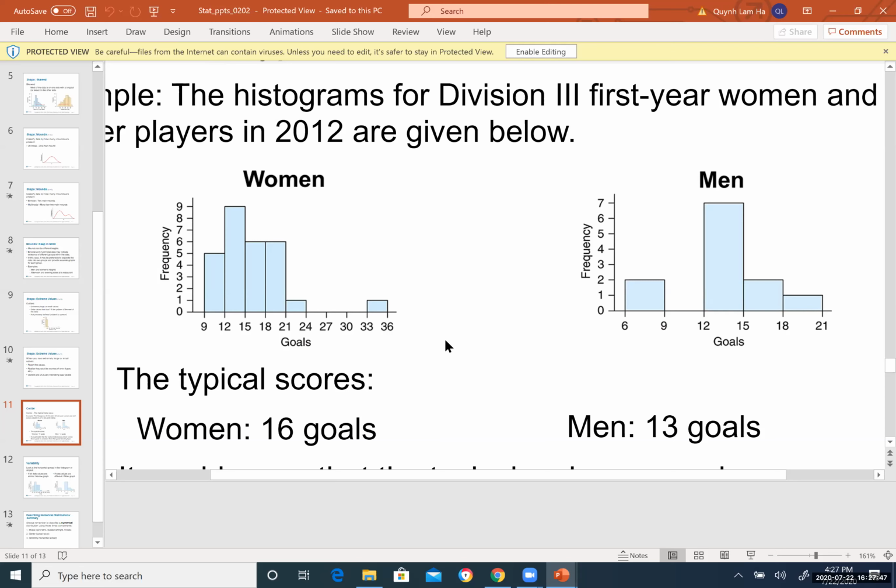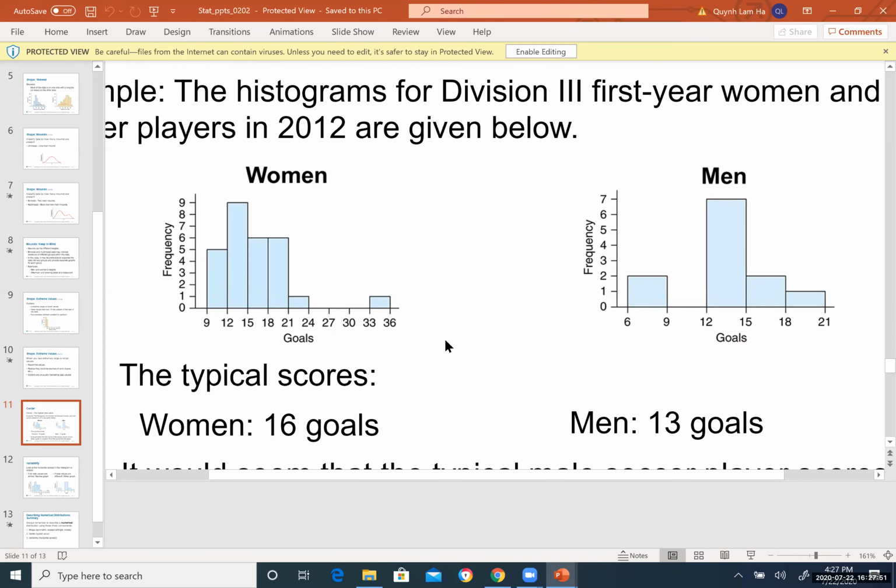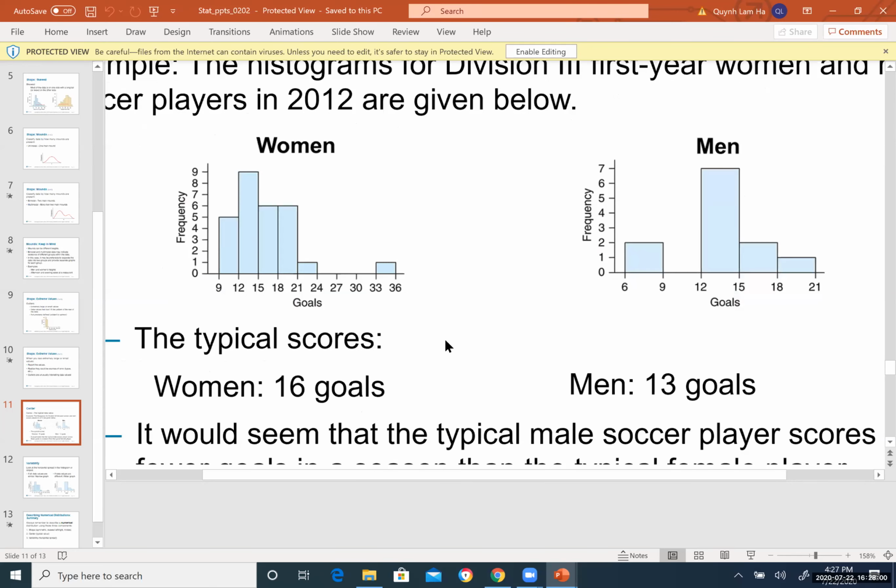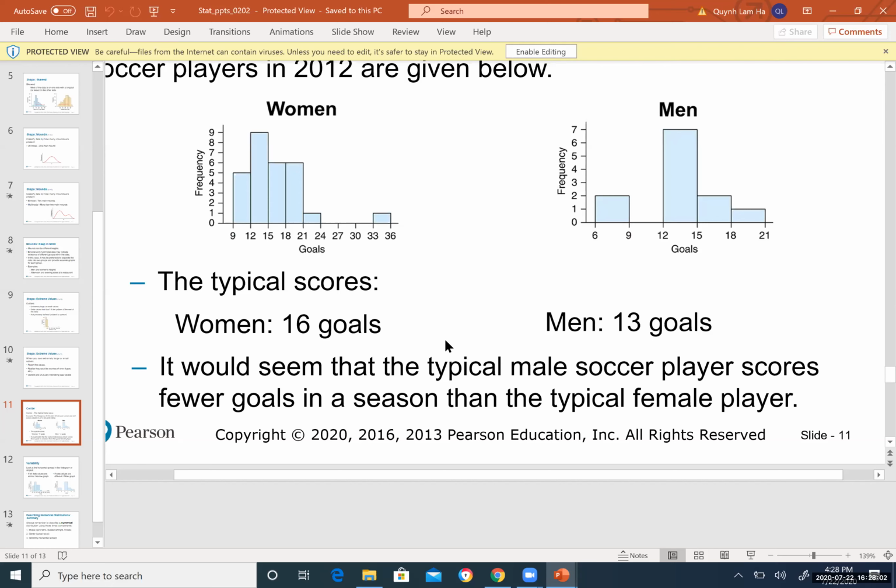And for the spreading, what do you think? The women is more spread compared to the men, because there's more data spreading out. Here there's less data, and it's not really spreading out.